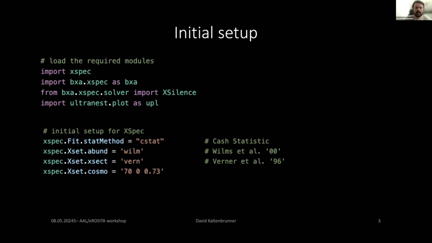I'll explain on the next slide what exactly this is and why we want to use it. Then we can also set the abundances, so the elemental abundances, which will then be used for the absorptions. Then we also want to set the cross-section, and we can also set the cosmology.